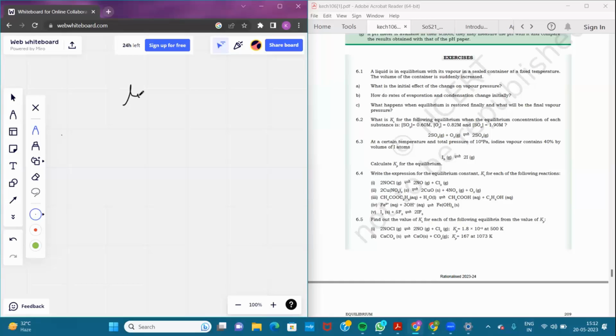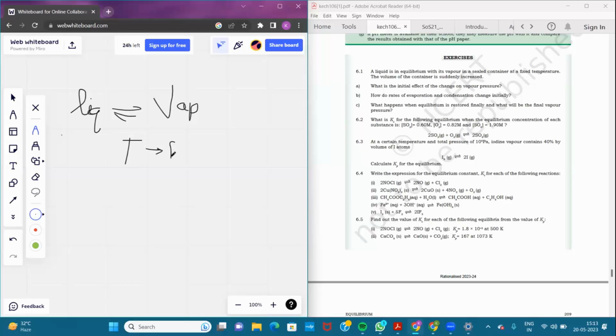Here, we'll actually have a liquid vapor equilibrium. They said fixed temperature. It implies that equilibrium constant for this physical equilibrium remains constant. Whatever the parameters we change, the equilibrium constant never changes because temperature is fixed here.